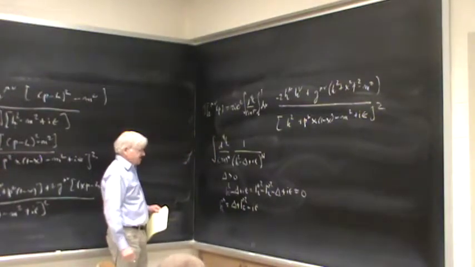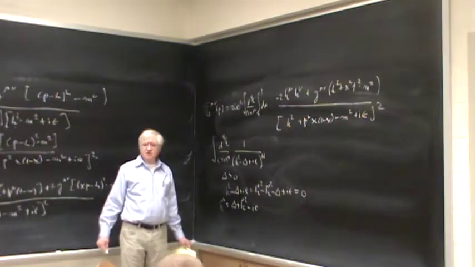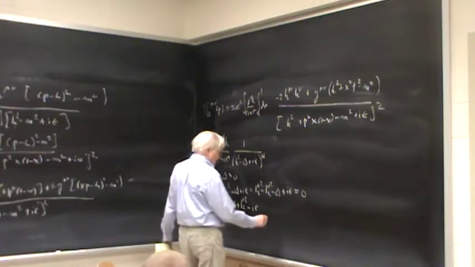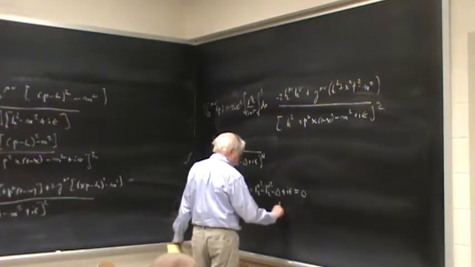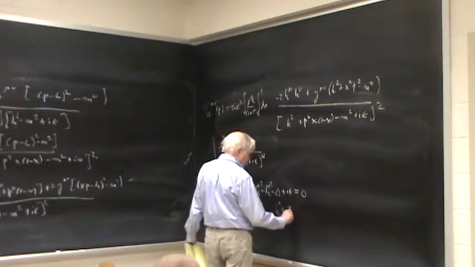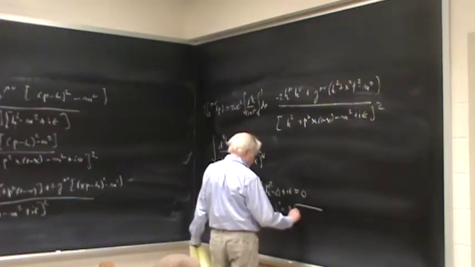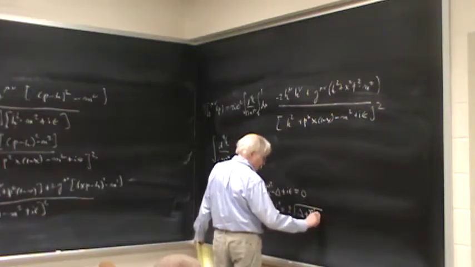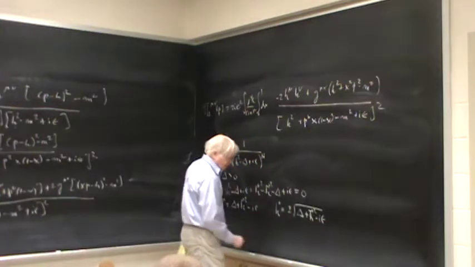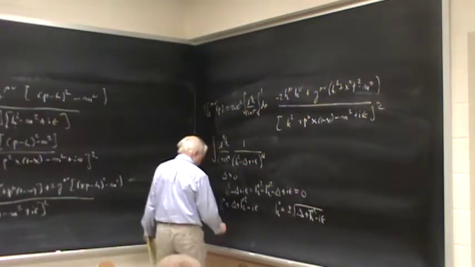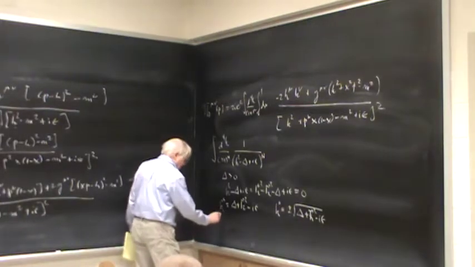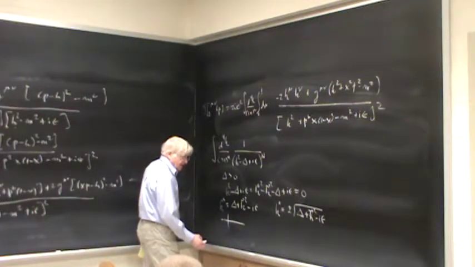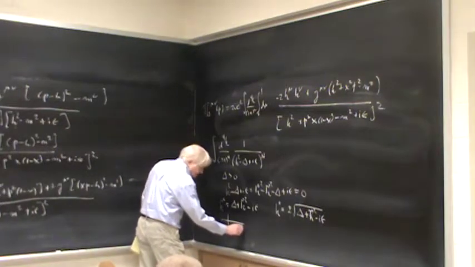And now if we take the square root and we put the cut on the negative real axis, then the roots are k0 equal to plus or minus the square root of delta plus k squared, but now we're taking the square root of something that is positive and down here.